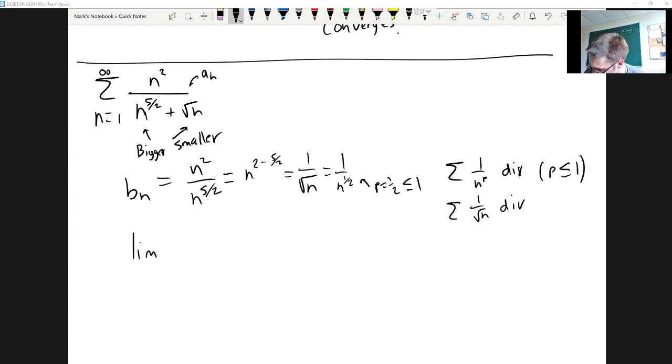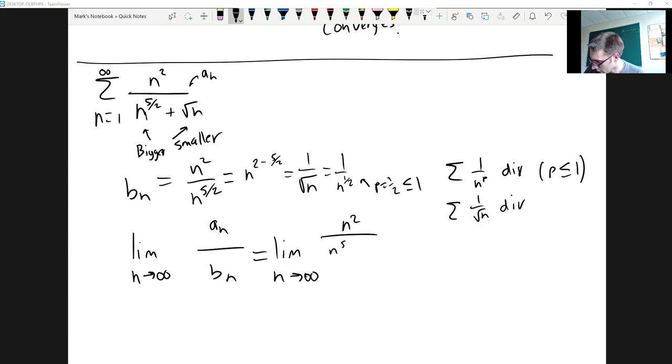Let's look at the limit as n goes to infinity of an over bn, which would be the limit as n goes to infinity of n squared over n to the 5/2 plus root n over 1 over root n.